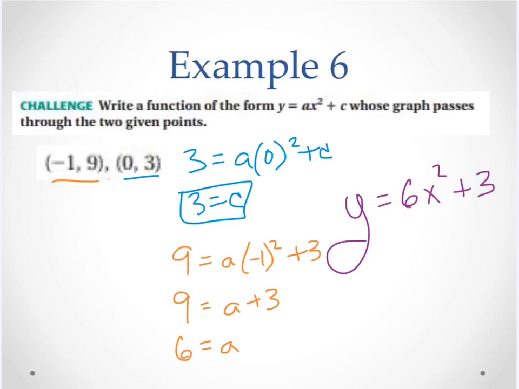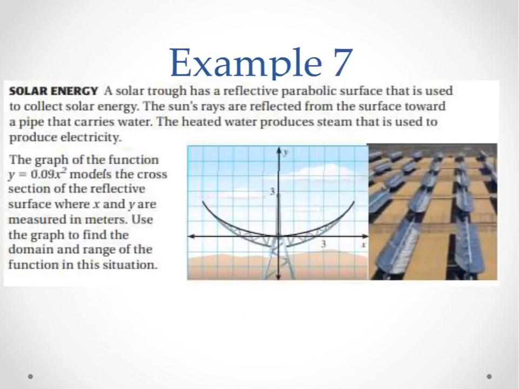Okay. The last thing we're going to be looking at is a word problem in this section. With the word problems in these sections, they're usually talking about parabolas that are cross sections or intersecting something. So in this case, we're looking at a solar panel, and we're looking at a cross section of the solar panel. And it has this equation y equals 0.09x squared.